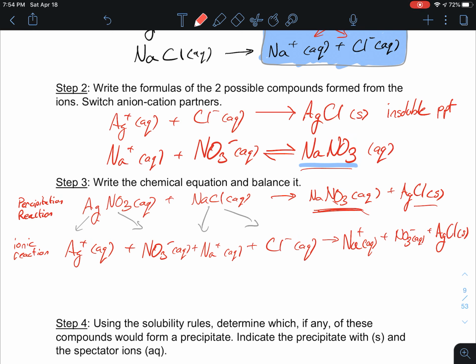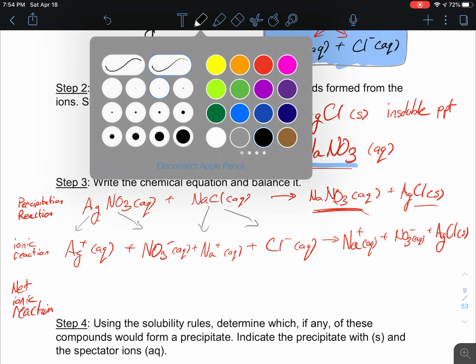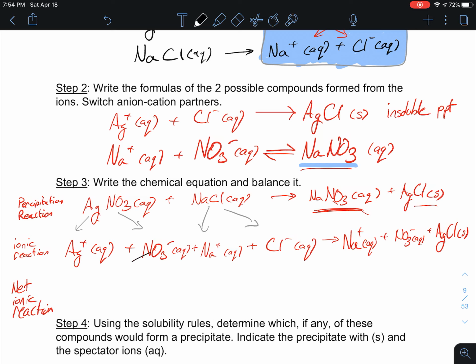So that is an ionic reaction. And if we take this one step further, there is a net ionic reaction available here, where we cancel out things that are on both sides of the equation. Notice that nitrates are on both sides of the equation. Sodium is on both sides of the equation.